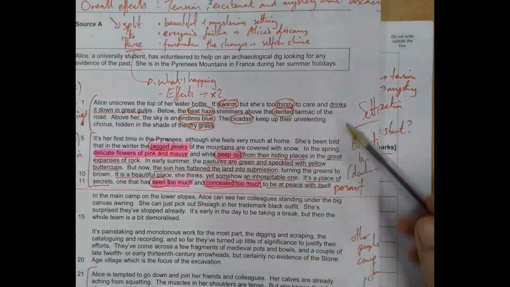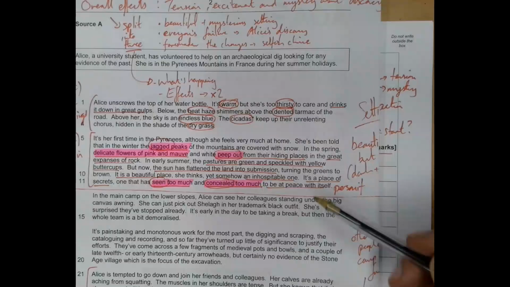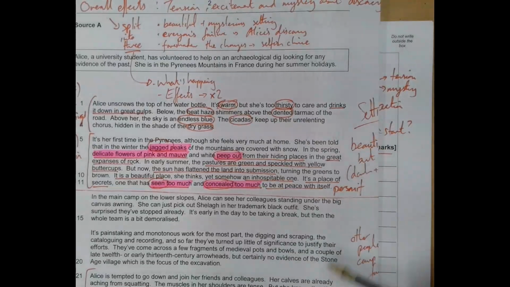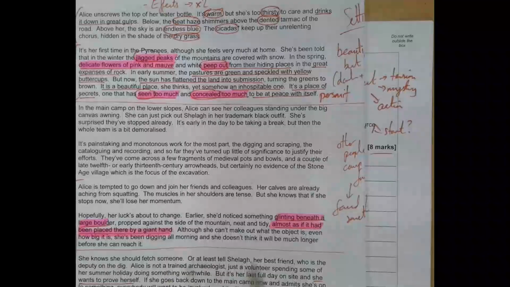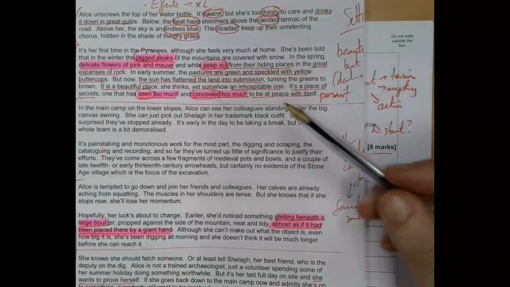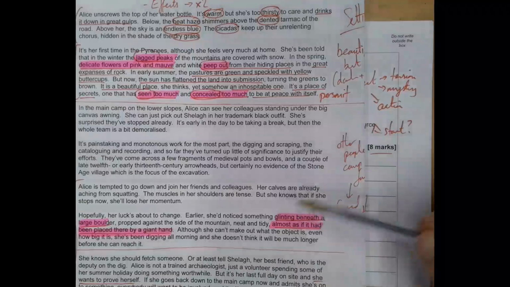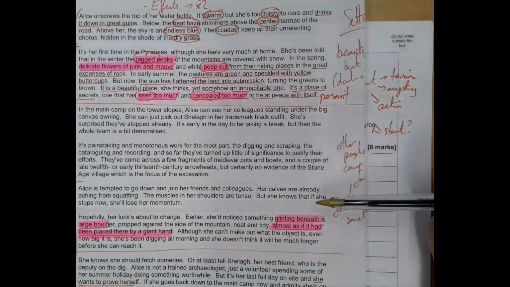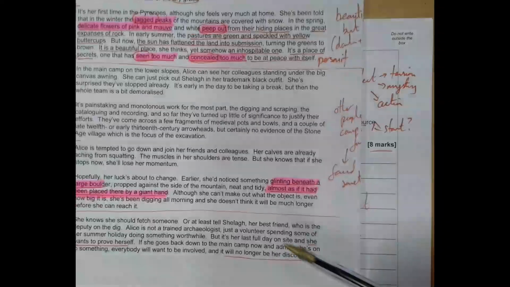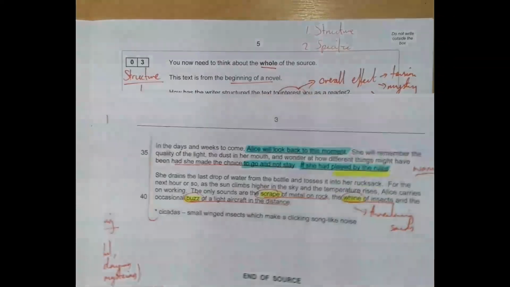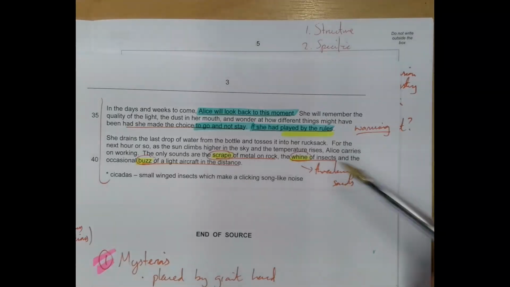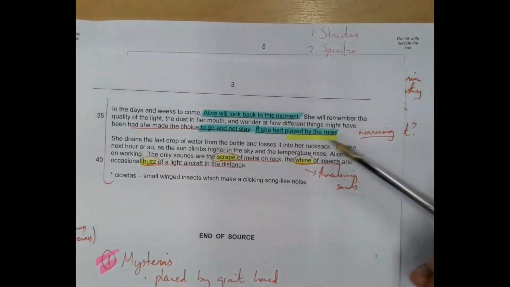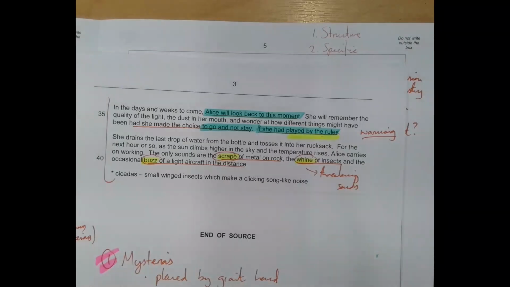A lot of this is going to be repetition from question 2, which is fine. Okay. The middle part here, I've drawn a line here, so I'm showing the difference between the expedition group who have found nothing and Alice who has found something important. Then my end point is this kind of ominous prediction that the thing that she's found is going to change her life in some kind of ominous way.